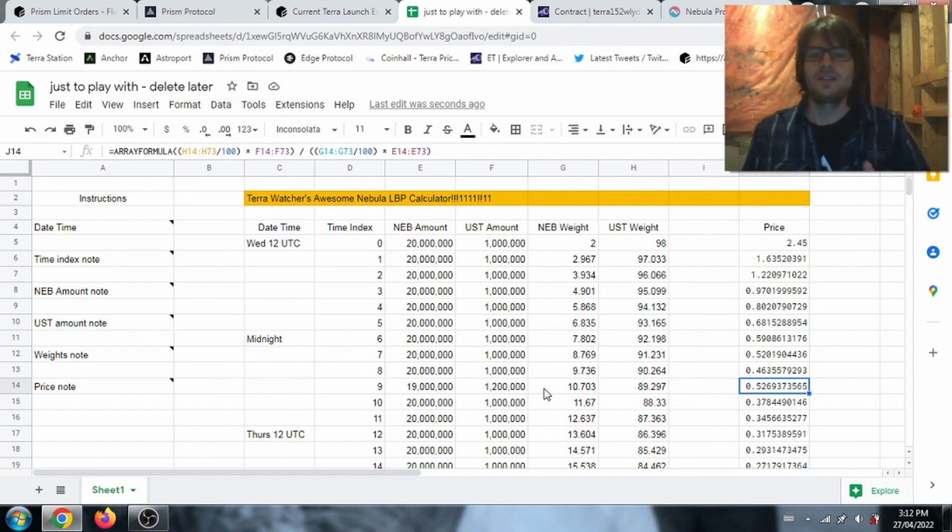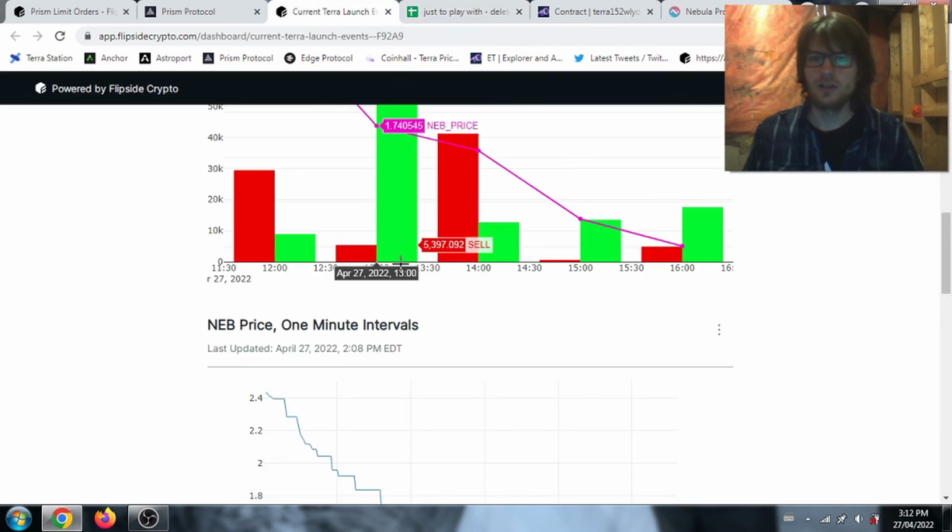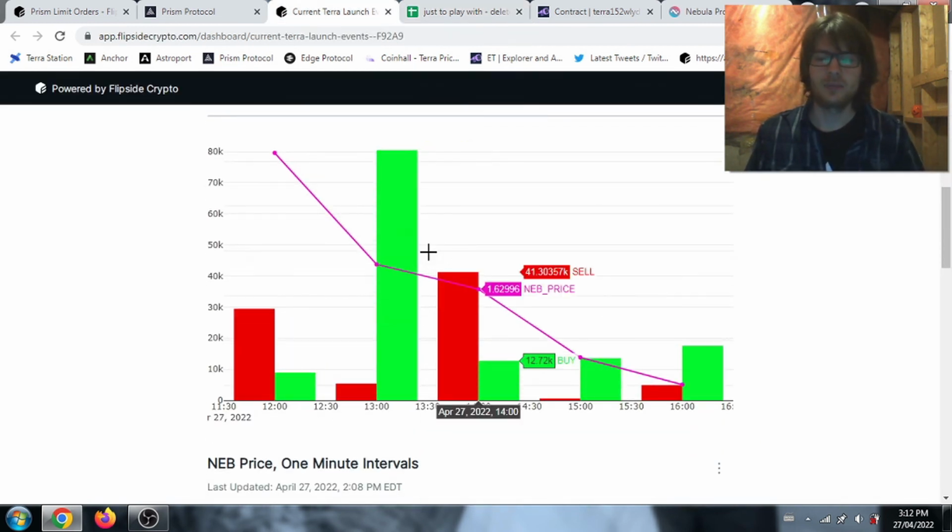So this calculator is going to be really useful for me once I get a little more data. I'm going to get data here, and I'm going to see how much UST is going into this pool, how much Neb is coming out. I'm going to see how that's roughly working, and then I'm going to say, well, if that rate continues unchanged, then I'll know where the price of Neb is going to be in 5 hours.